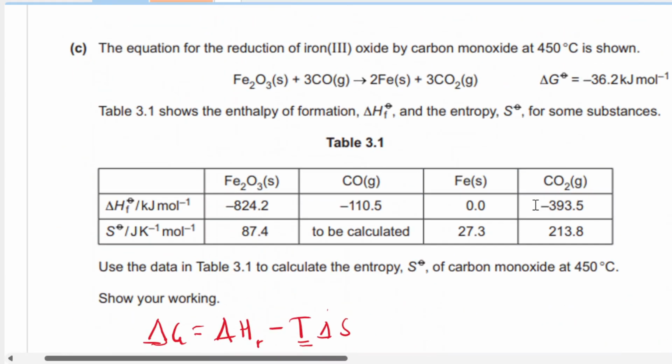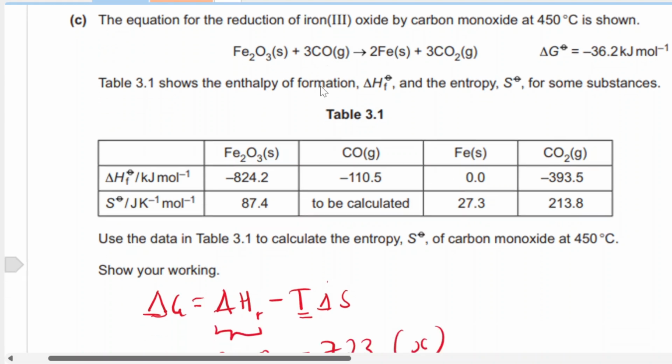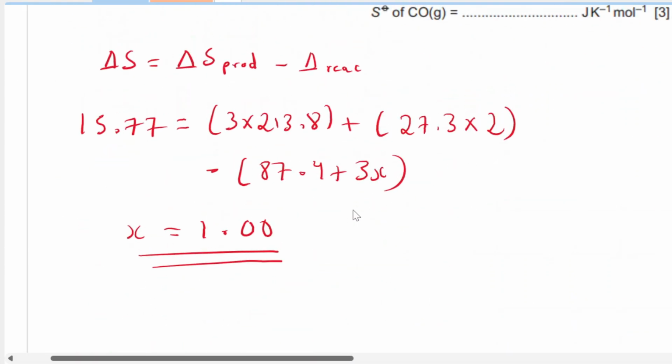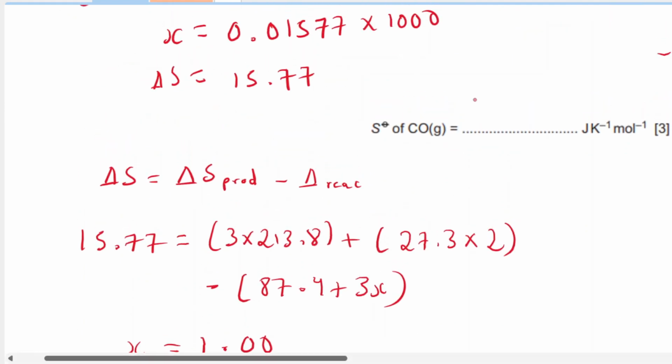So here you are given the entropy for CO2, and this is for 1 mole. So you multiply it with 3, so 3 times 213.8 plus 2 times 27.3 minus, now this will be of the reactants. So for Fe2O3 we have 87.4, and for CO, which we are finding, we'll keep as 3x because this is 3 times the entropy for 1 mole. And your final answer shall be 1.00. Right? So this is the final answer for this question.